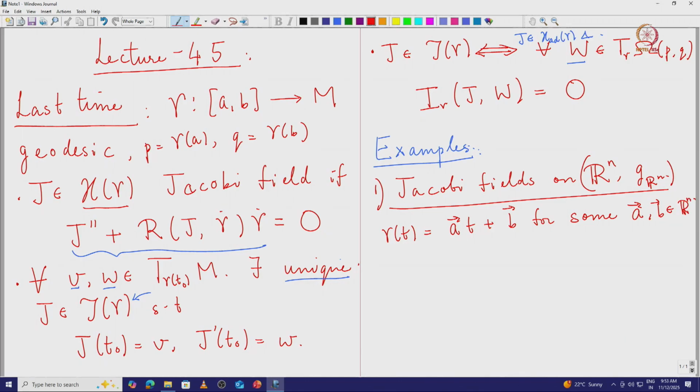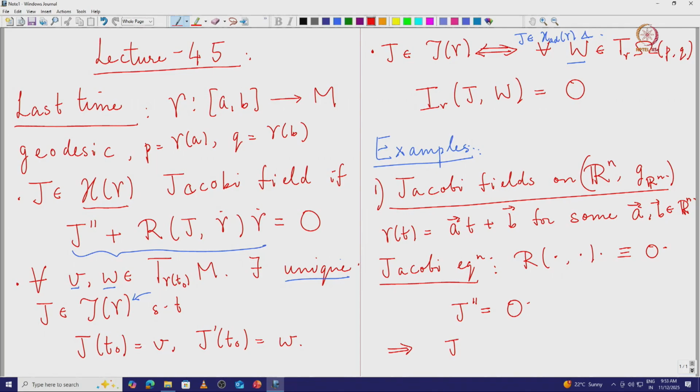On the other hand, what is the Jacobi equation? Because we are working in Rn, the curvature tensor is identically 0, right. So the Jacobi equation reduces to j double prime is 0, but in Euclidean space the covariant derivative is the ordinary derivative.